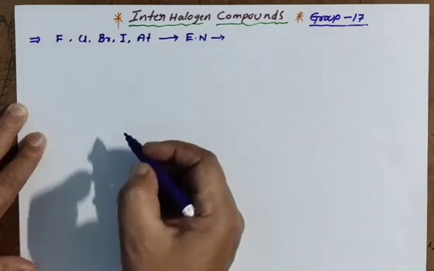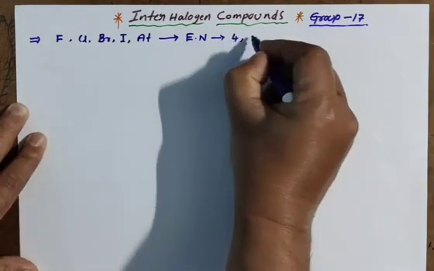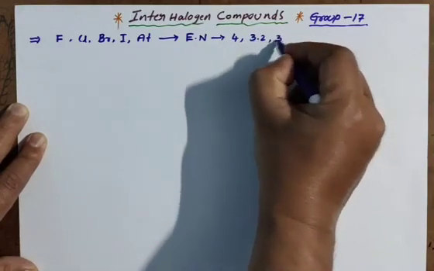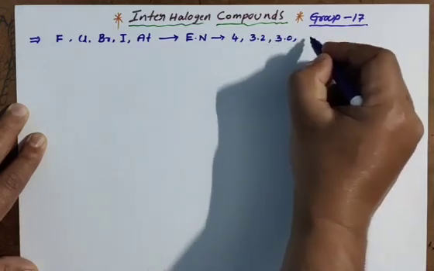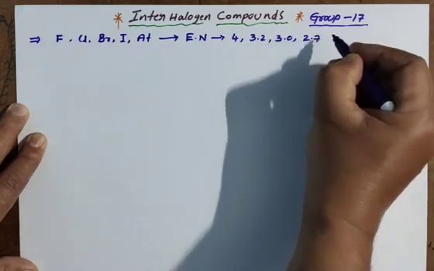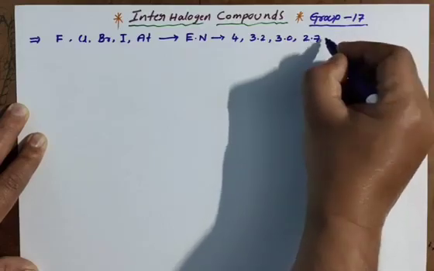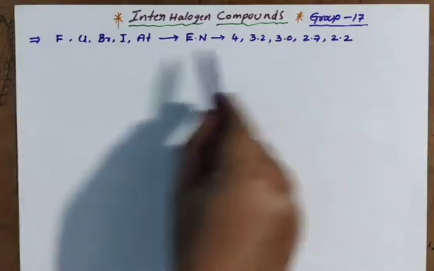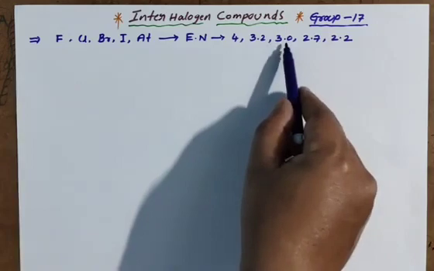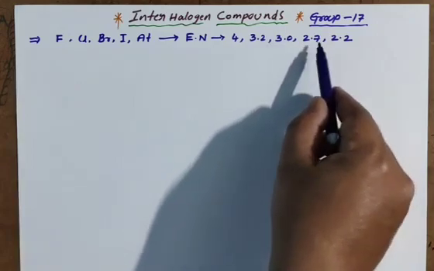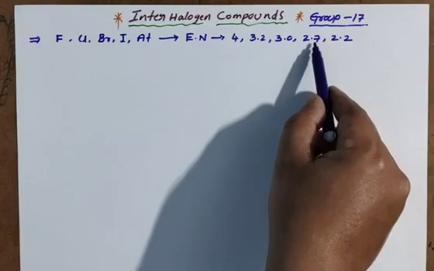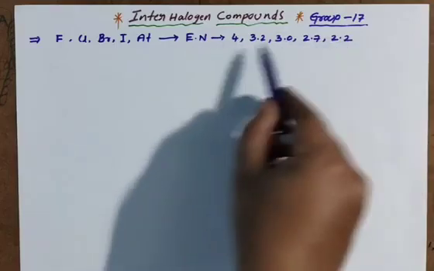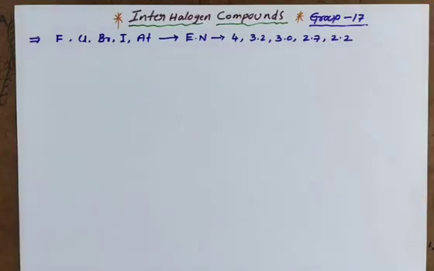Fluorine is 4, chlorine 3.2, bromine 3.0, iodine 2.7 and astatine 2.2. There is no need to remember these values, but electronegativity is very important.